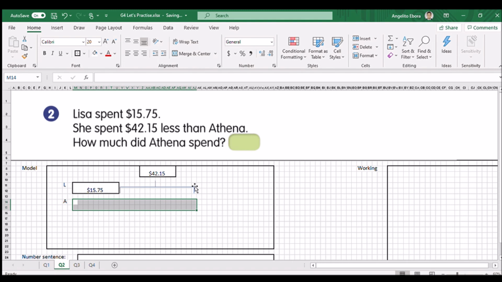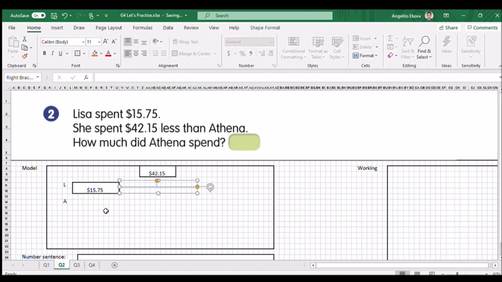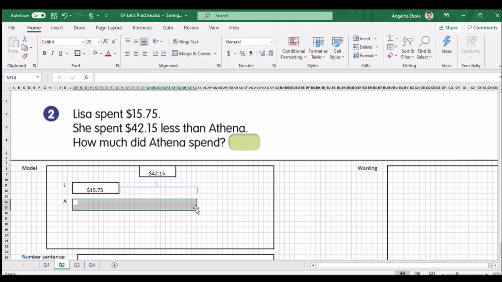Athena. So this part, when we put it down, will be until here. That's $15.75, and this part is $42.15. So how much did Athena spend?